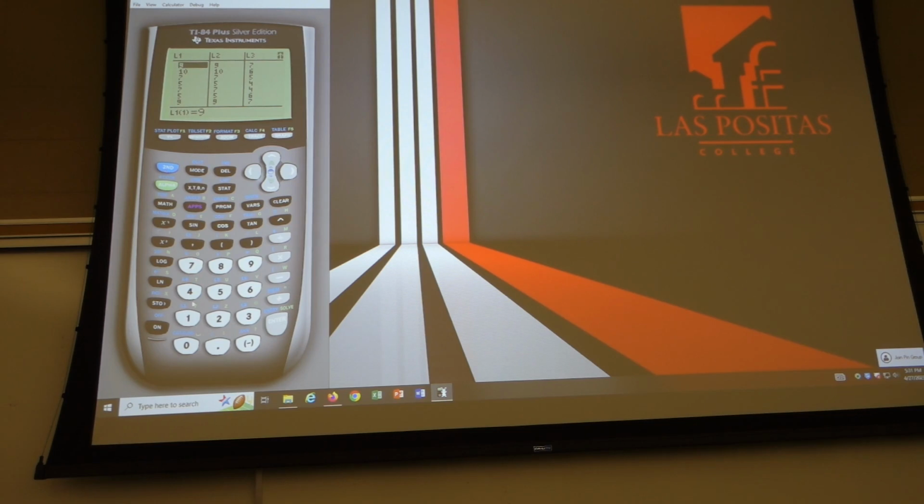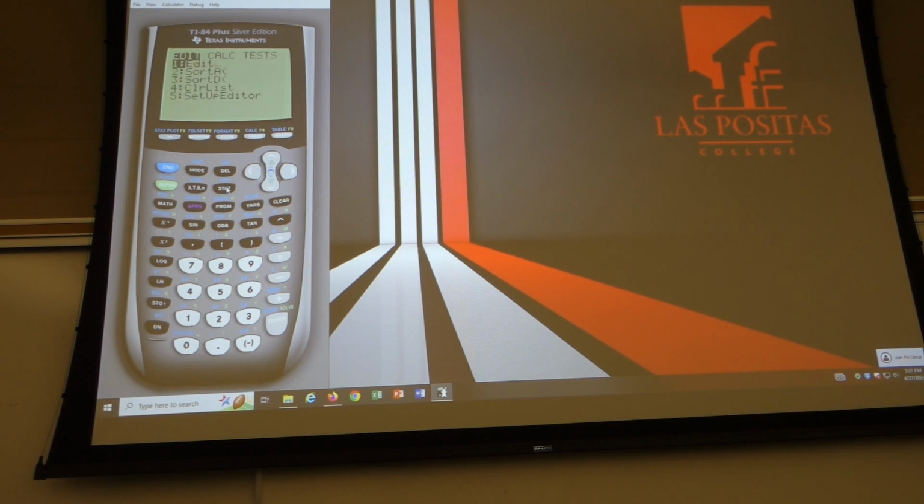If I did L2 minus L3 here, where my cursor is just in L1, I get an error. You have to do it when the cursor's actually on the L1 itself. Second L2 minus second L3, and then bam, it subtracts them for you.